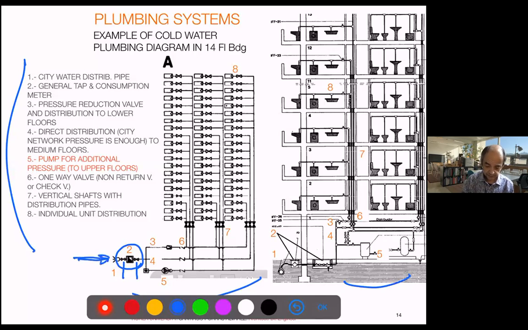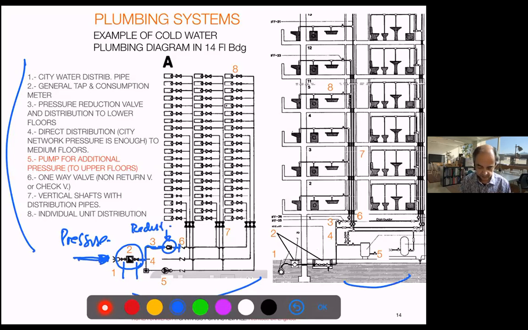The street or the city water supply has already one pressure, right? So the lower floors may have too much pressure. So you have a pressure reduction valve, so they do not have so much pressure.